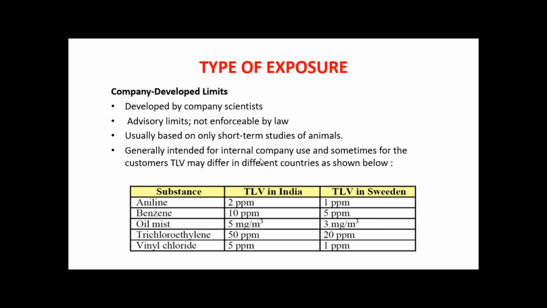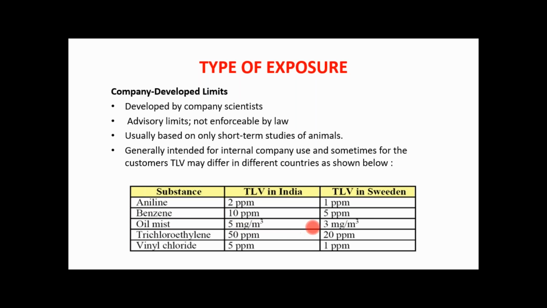So the TLV may be different for different countries depending on the conditions and the use of that particular chemicals. Like aniline, the TLV in India is 2 ppm, but TLV in Sweden is 1 ppm only. So Sweden is going to follow the stringent norms because 1 ppm is the maximum limit for aniline, but India here 2 ppm. Likewise, you can observe the benzene 10 ppm in India and 5 ppm in Sweden.